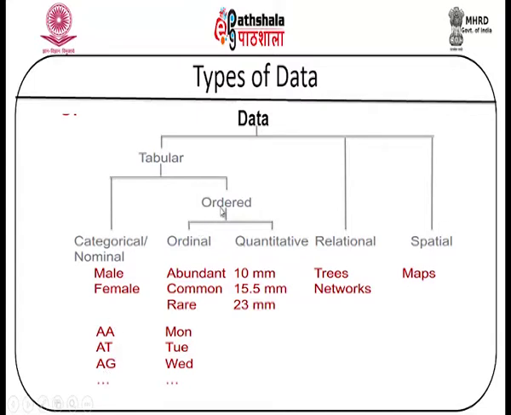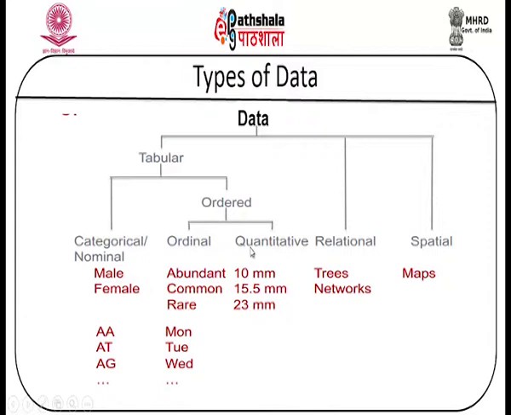The other one is the ordered data set. In the case of ordered data set, we can have ordinal data as well as quantitative data. Good examples for ordinal data are abundant, common, rare. This is one example of ordinal data, data which is represented in a certain order. A data set like the days of the week, say Monday, Tuesday, Wednesday, etc., also forms an example of an ordinal data set.